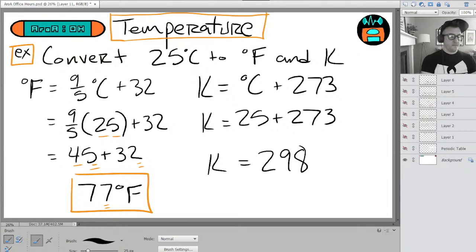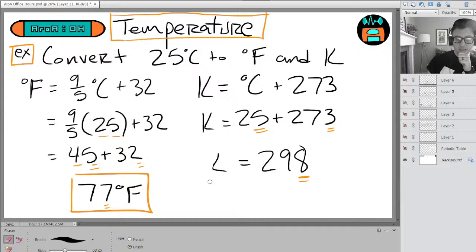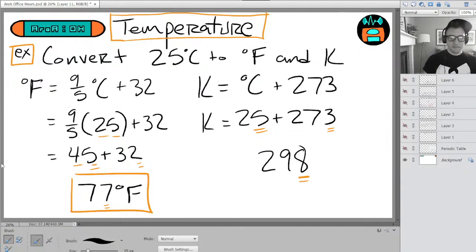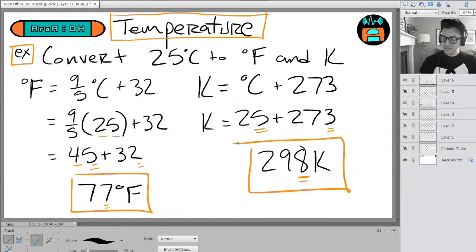Sig figs wise, both 25 and 273 have their last significant digit in the ones place. 298 also has its last significant digit in the ones place, so we do not need to add any decimals. We don't need to round. 298 Kelvin is the correct value with the correct units and the correct number of significant figures.